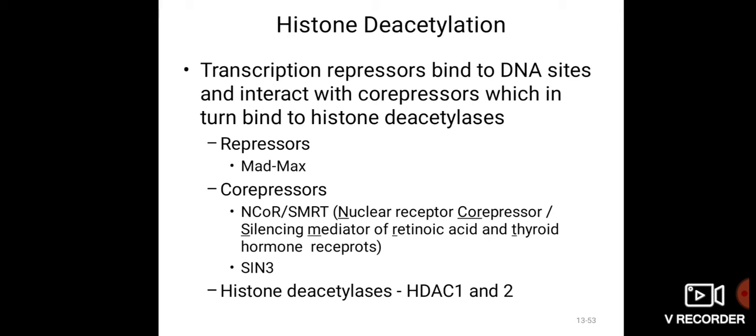These are involved with the DNA which is bound with RXR, that is, retinoic acid binding regions within the DNA molecule, and they bind with the retinoic acid binding dimeric proteins, which causes the repression. There is another protein called SIN3 which is also involved in the activity.